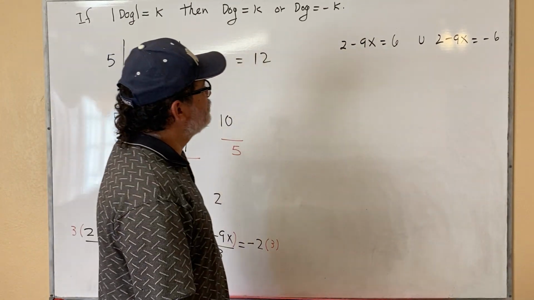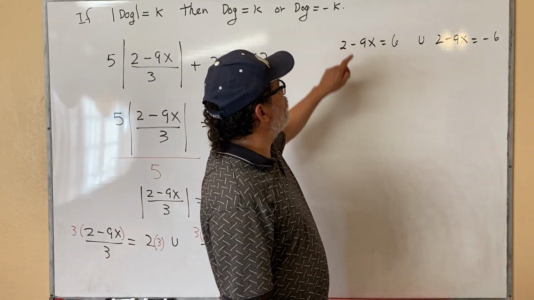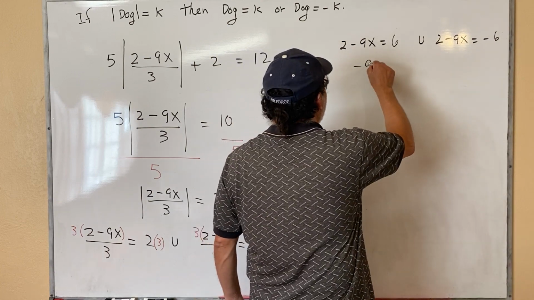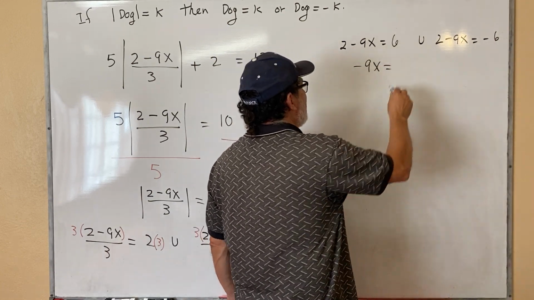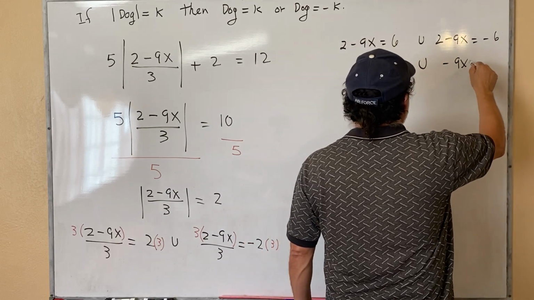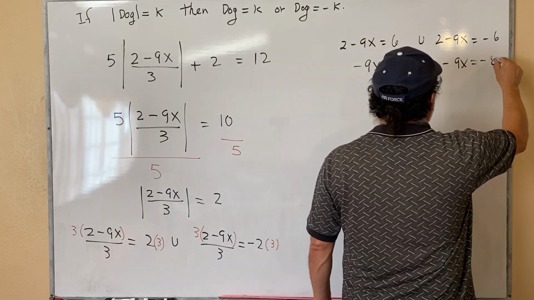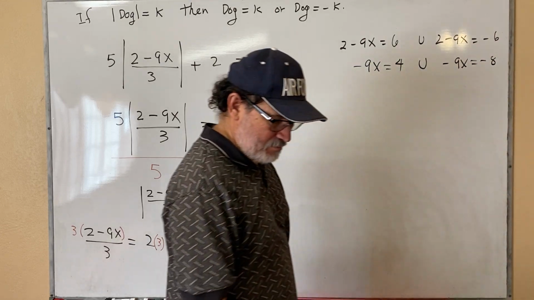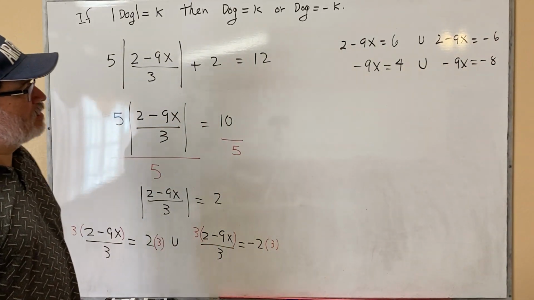And so, solve for x. Subtract 2. So negative 9x equals what? 4. Or negative 9x equals what? Negative 8. Okay.